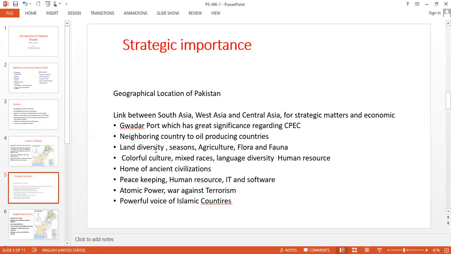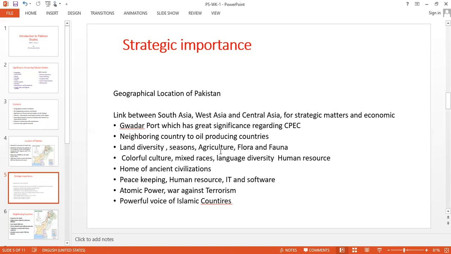This land diversity, like the glaciers and the highest mountains of Karakoram, Pir Panjal, and the Himalayas, gives birth to the rivers which flow into the plains of Pakistan and develop a huge agriculture. For example, the Indus River plains, the upper and the lower plains.